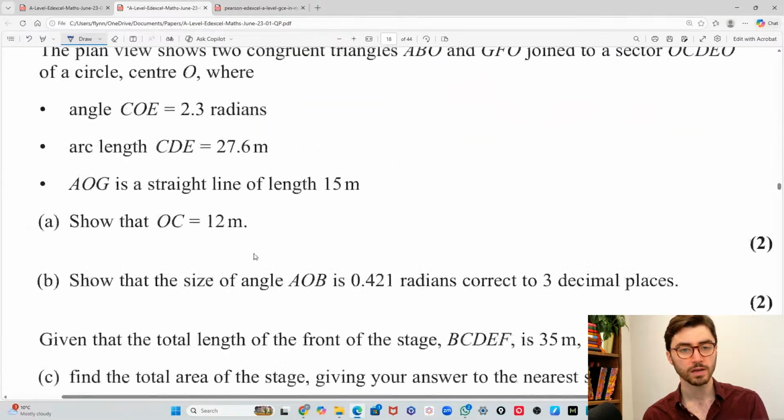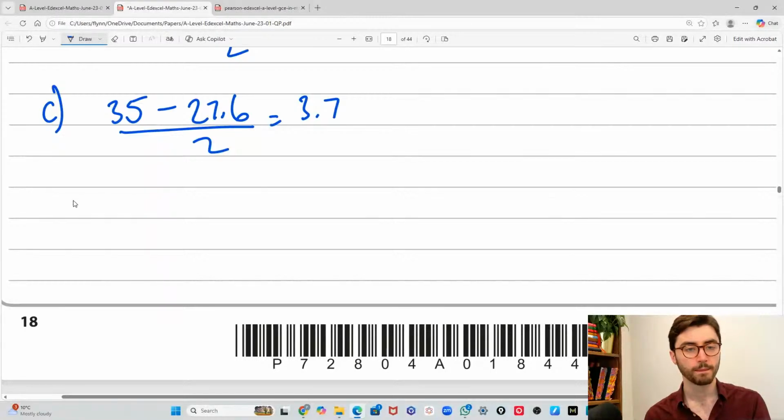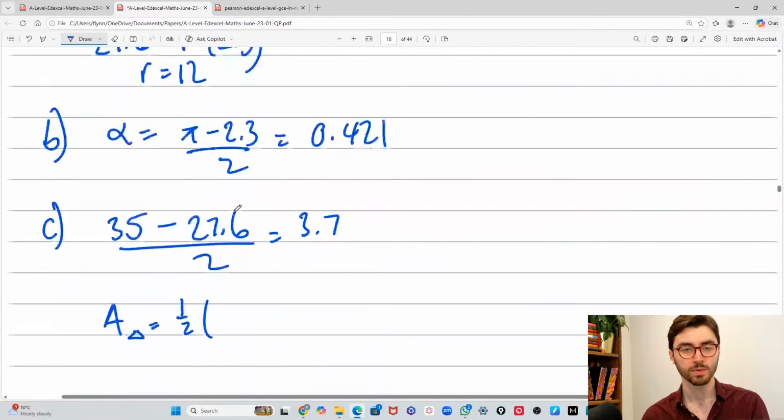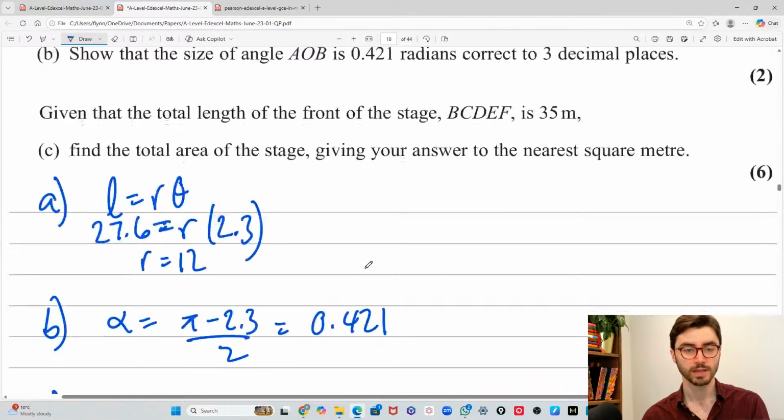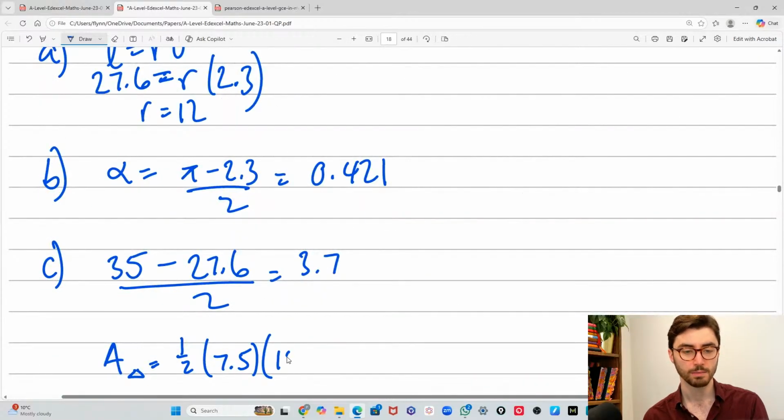So here, I'm going to say that the area of the triangle is a half times, I think it was 3.5, 7.5, half A times B, which is 15.7, half AB sine of the 0.421.